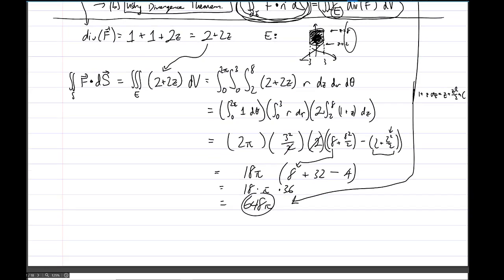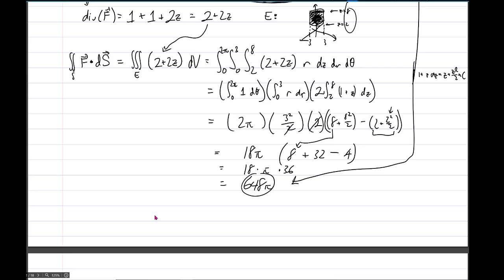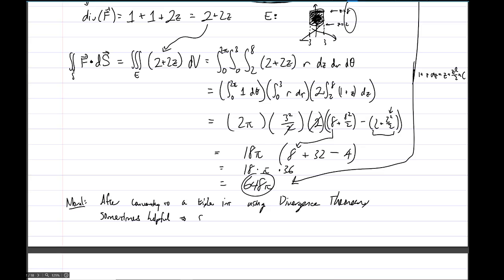So, just some comments here. The takeaway message here is that after converting to a triple integral using the divergence theorem, it's sometimes helpful to switch to cylindrical or to spherical coordinates, right?